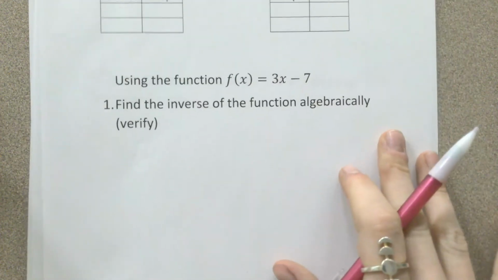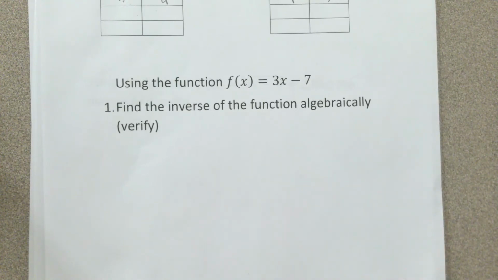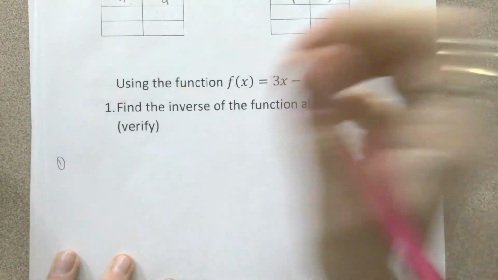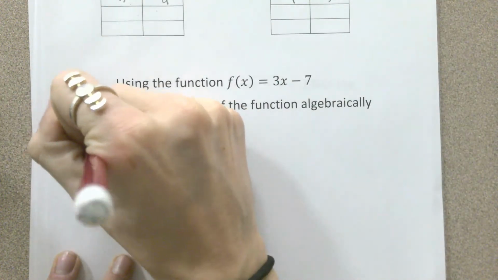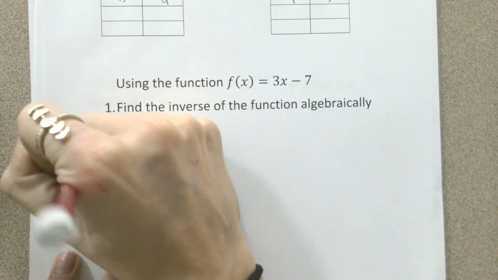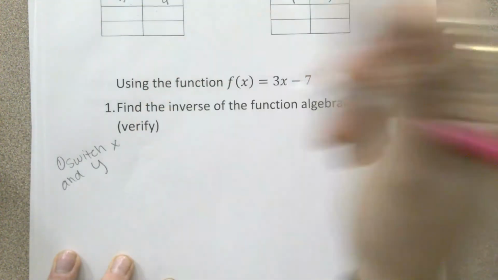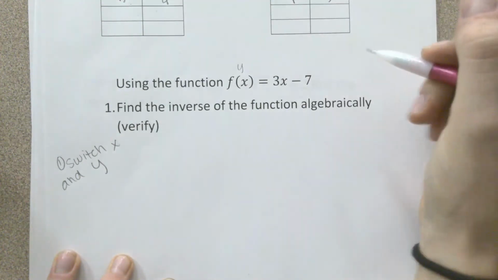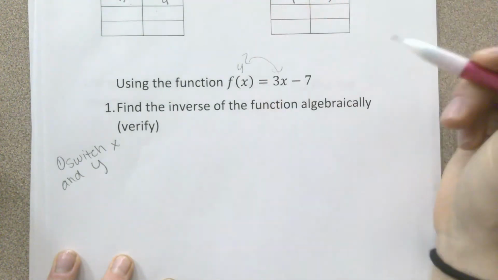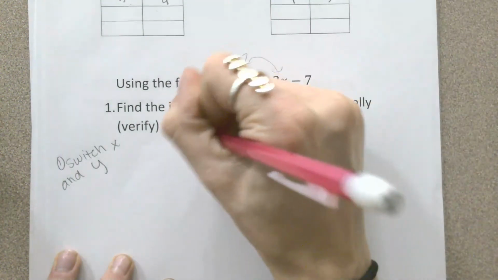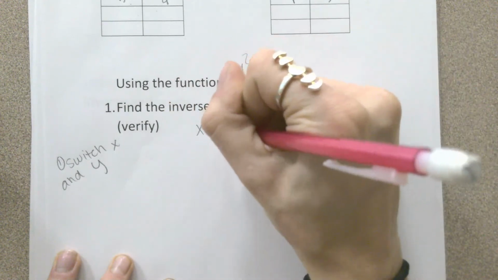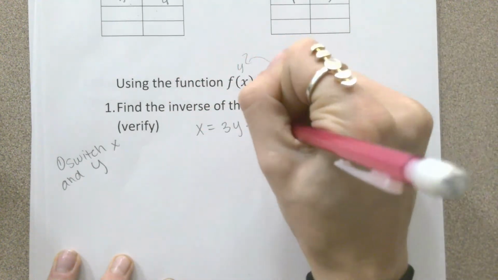So using this function, we need to find an inverse algebraically. Step 1, switch x and y. This is technically a y, and we're going to switch these. So I'll have x equals 3y minus 7.